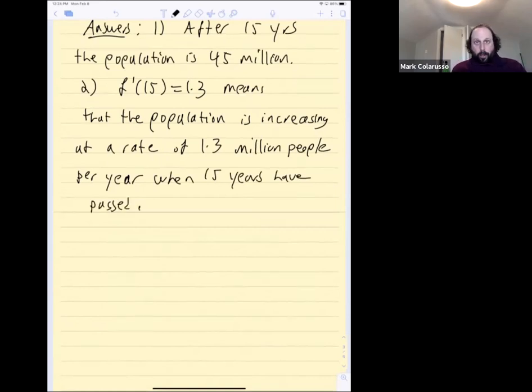So the derivative is the rate of change of population with respect to time, and exactly after 15 years, the population is increasing at a rate of 1.3 million people per year. So let's clean that up there. Okay, now the estimate.